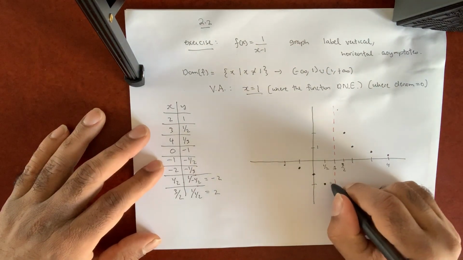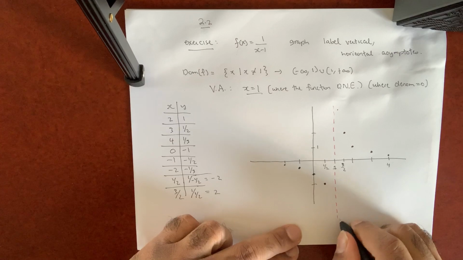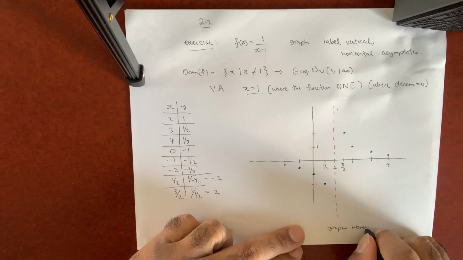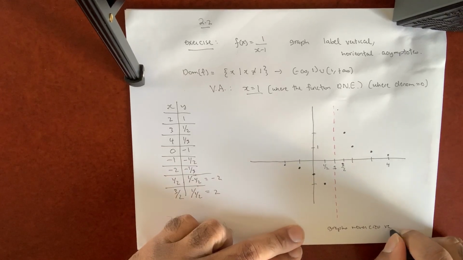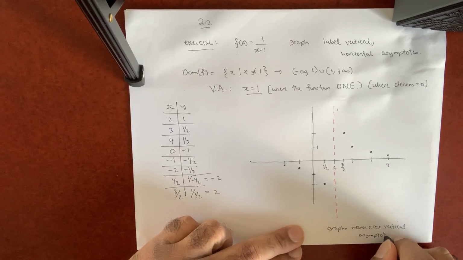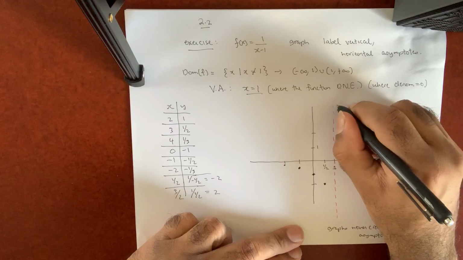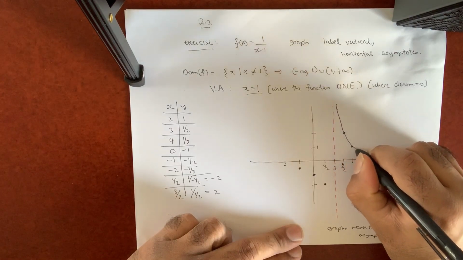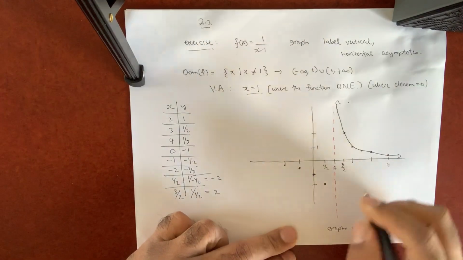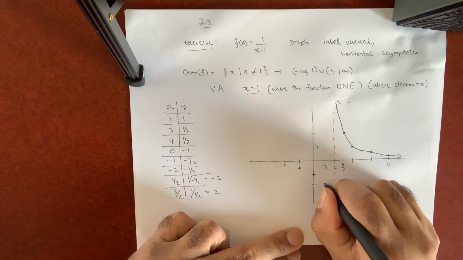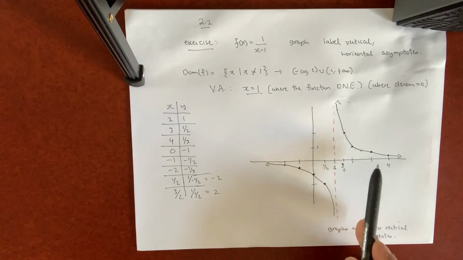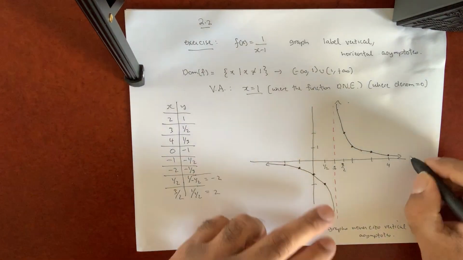So graphs can never cross over vertical asymptotes, because these are not part of the domain. Okay, so we have something like this on this side, and notice here that these graphs are getting closer and closer to the x-axis.